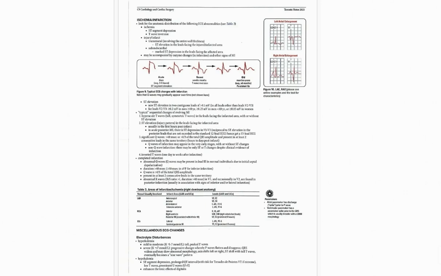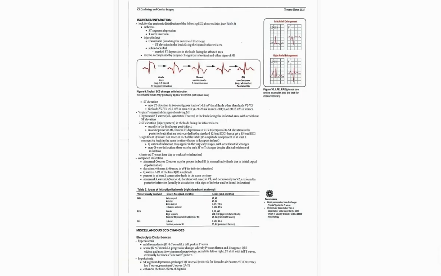The earliest ECG change is often hyperacute T waves. These are tall, broad, and symmetrical T waves that appear within minutes of coronary artery occlusion. Next comes ST segment elevation, representing acute myocardial injury.